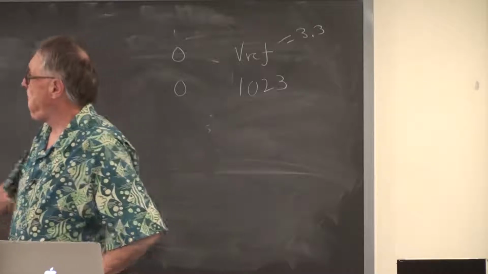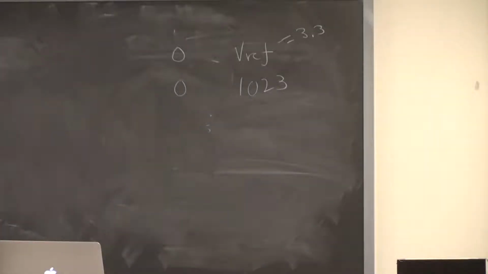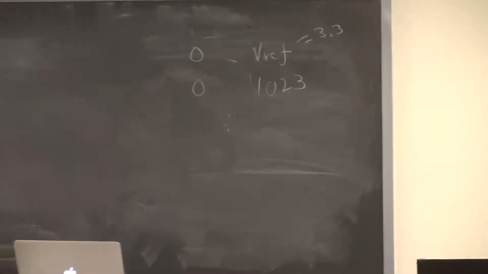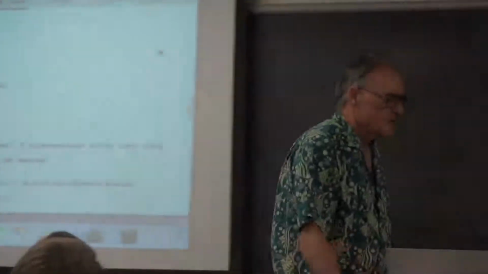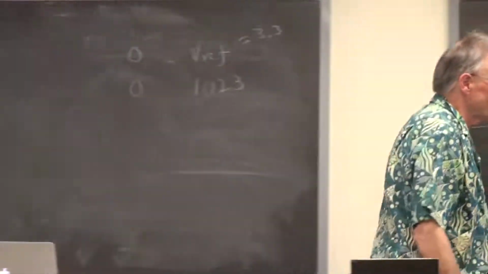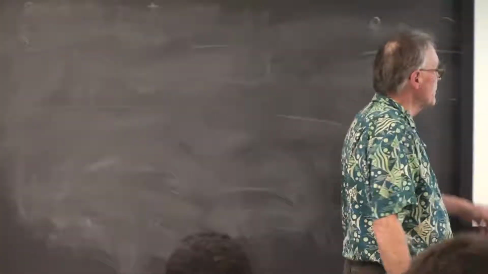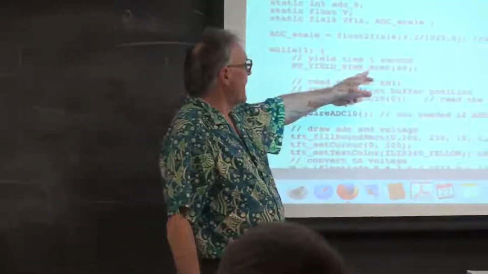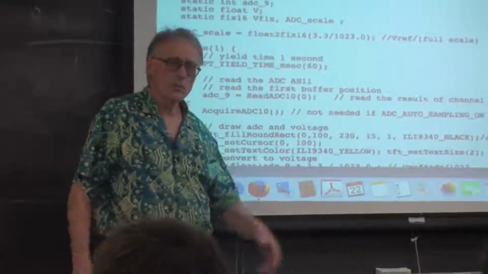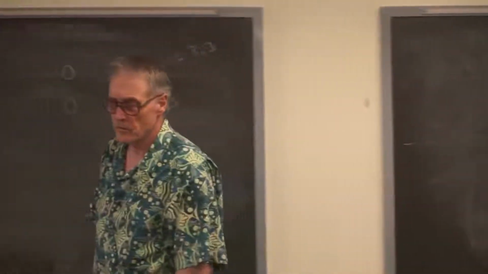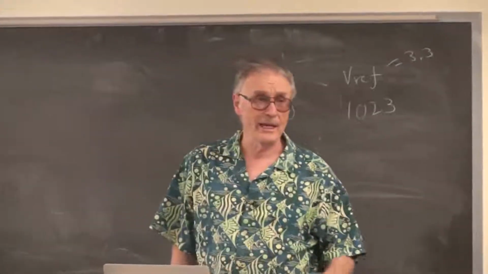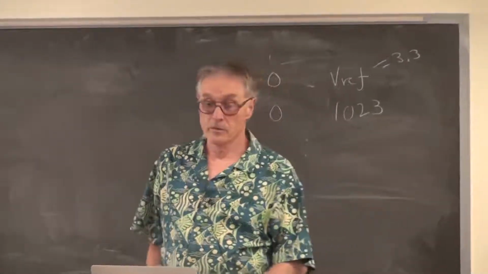We're yielding this thread for about 60 milliseconds, so it's being read, what, 16.7 times a second or so. And so there's no particular reason to build an interrupt structure to do the reading, or to use DMA in this case, although you could.